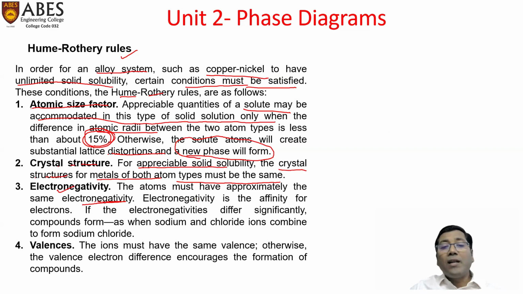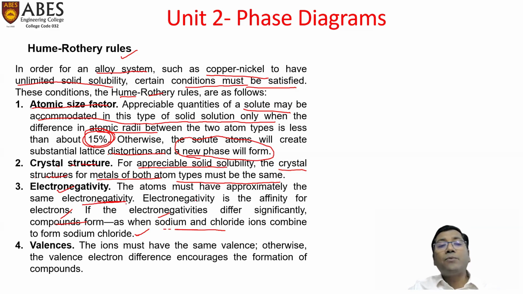And what is electronegativity? It is the affinity for electrons. If the electronegativities differ significantly, compounds get formed and not a solid solution, as when sodium and chloride ions combine to form sodium chloride. Sodium chloride is a compound, it's not an alloy or a solid solution.